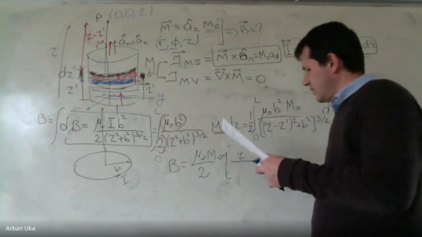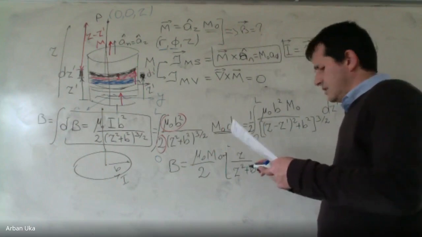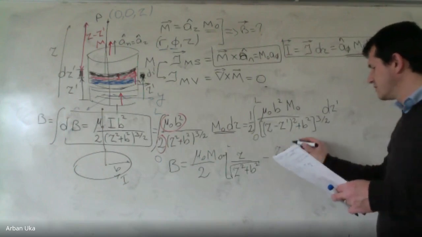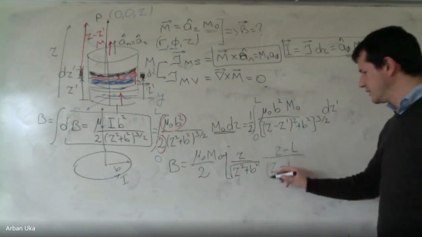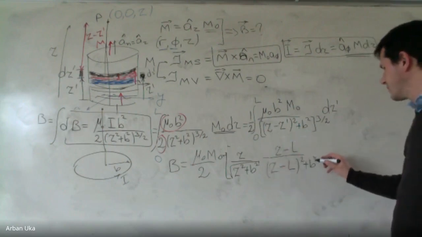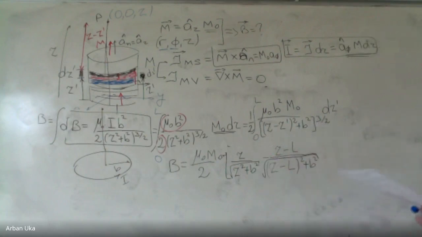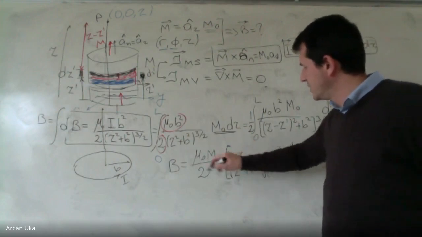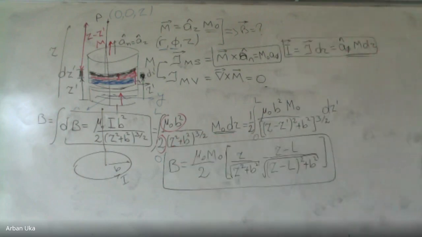This is Z over the square root of Z squared plus B squared, minus Z minus L over the square root of Z minus L squared plus B squared. Okay. And this B squared is cancelled out somewhere. So this is how we find the magnetic field.